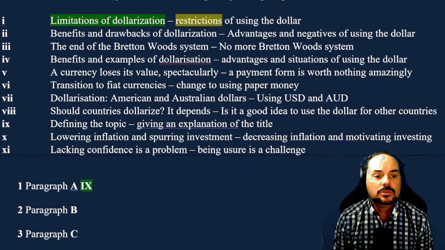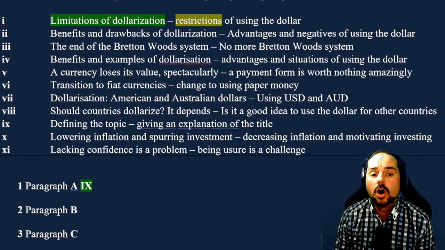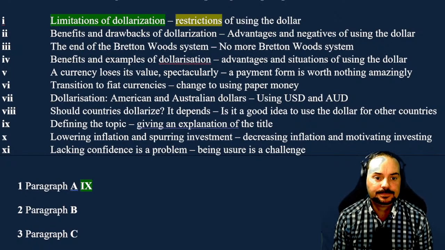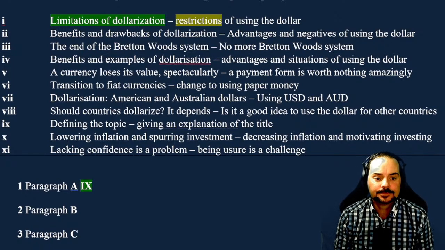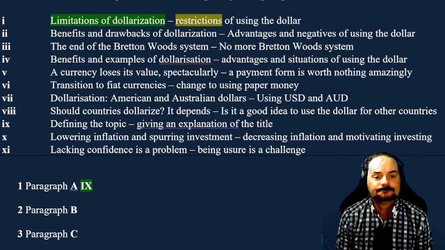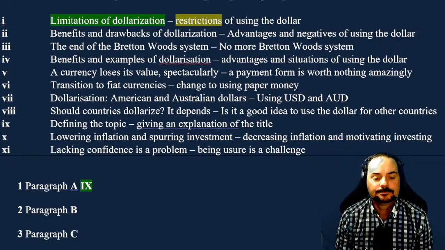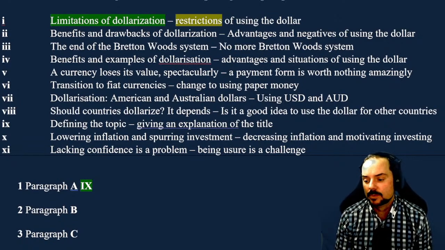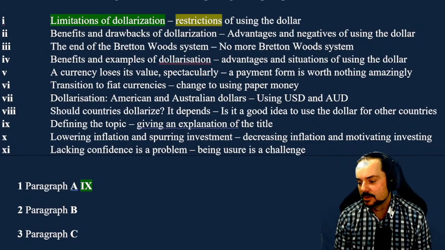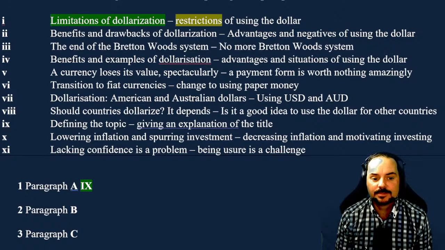Make sure that you read all of them before you choose your answer. Okay, this is a very important tip. Read all of them and be very careful when you're choosing. I hope everybody who's watching is also making a choice. So don't just passively do this, but actively do this.